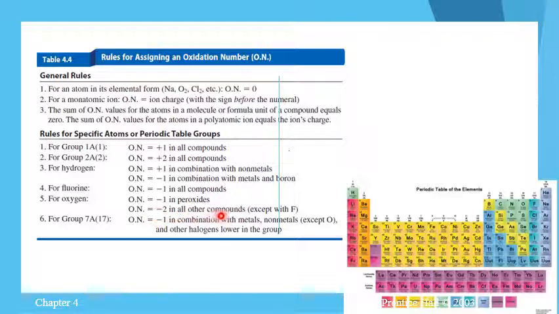Remember the oxidation number of fluorine. For group 7A, which are fluorine, chlorine, bromine, and iodine, we have a -1 charge when combined with metals and non-metals, except for oxygen and other halogens higher in the group.